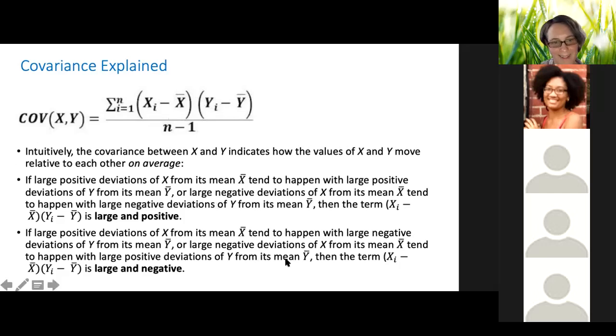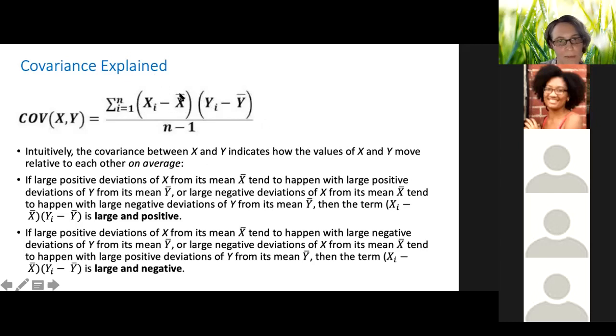And if we have a negative association, right? So if large positive deviations of the x's from their mean go along with large negative deviations of the y's from their mean, then we have a large cross product, but it's negative.